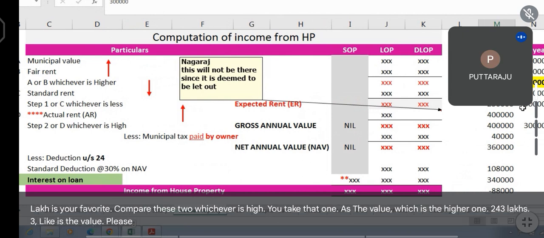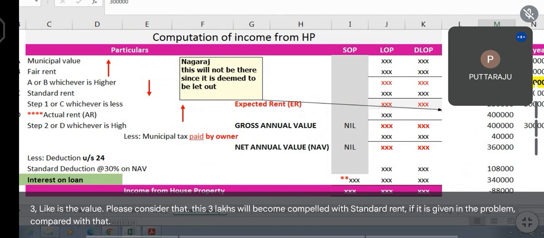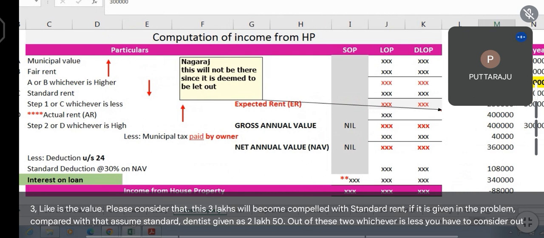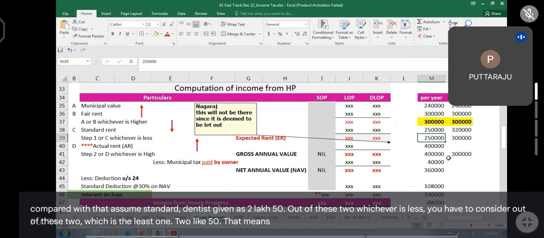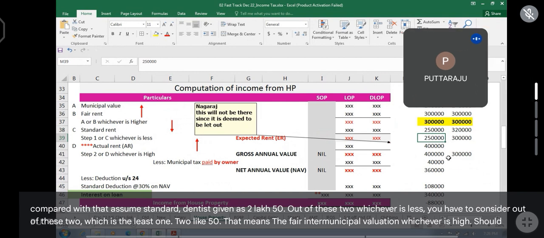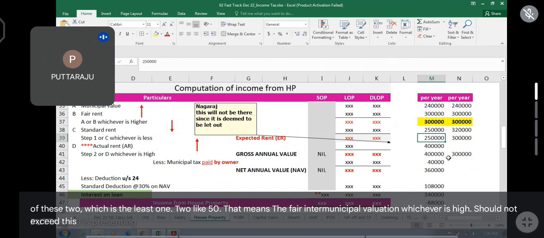Please consider that. This 3 lakhs will be compared with standard rent if it is given in the problem. Assume standard rent is given as 2 lakh 50. Out of these two, whichever is less you have to consider. Which is the least one? 2 lakh 50. That means the fair rent or municipal valuation, whichever is high, should not exceed the standard rent.